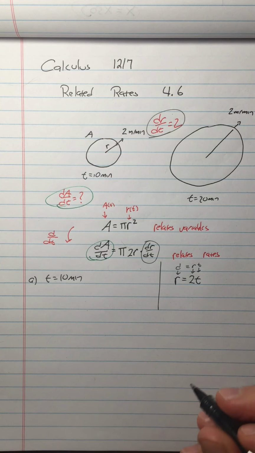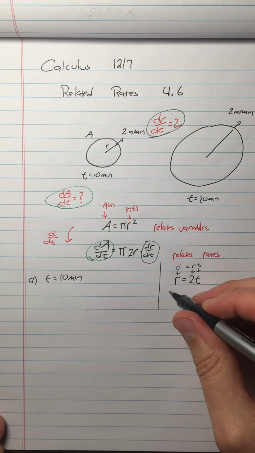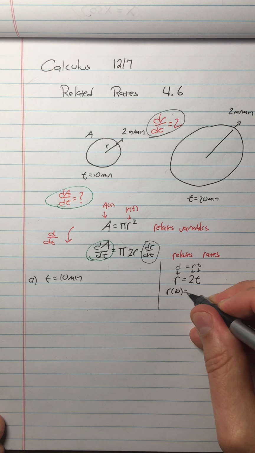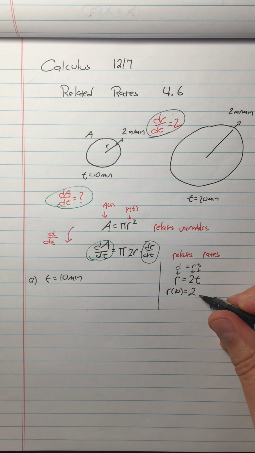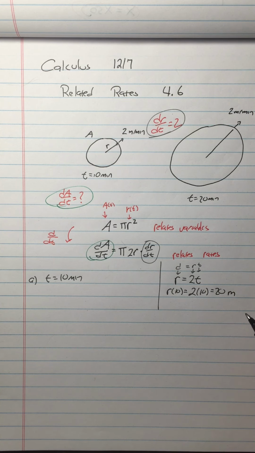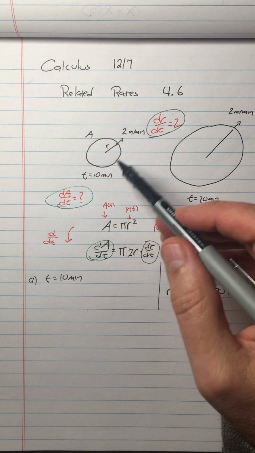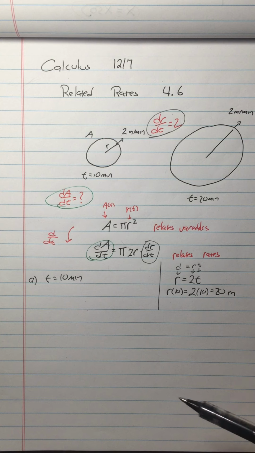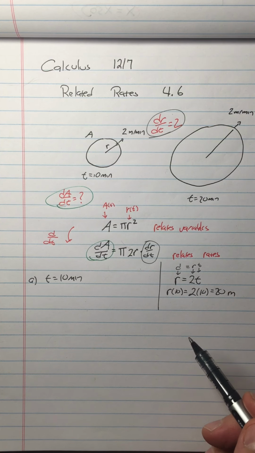So that tells us that the radius at 10 minutes is equal to 2 meters per minute times 10 minutes, which is equal to 20 meters. Probably a little more analysis than I had to do in order to know that after 10 minutes of moving at 2 meters per minute, you've gone 20 meters. You could also consider that to be obvious, but here it is written out as an equation anyway.